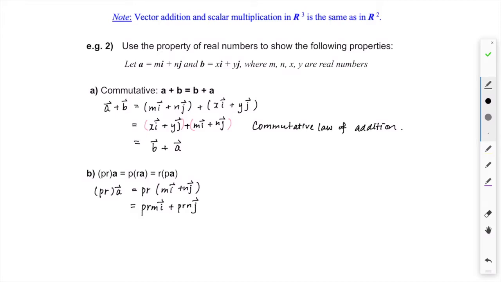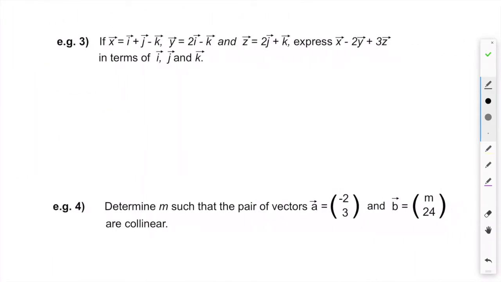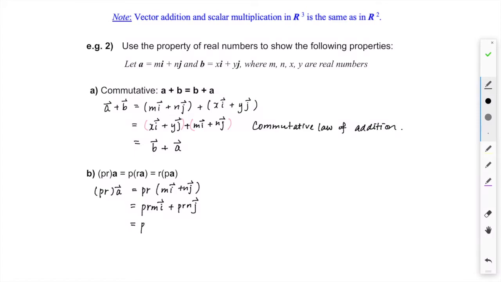Now I can do some association because I want to show this is the same as p times r times a. So I'm going to factor p, and then inside this I can factor r again. Okay, and so here I have p times ra.